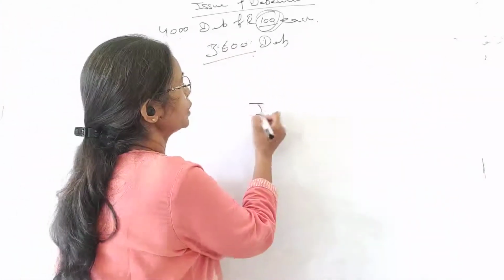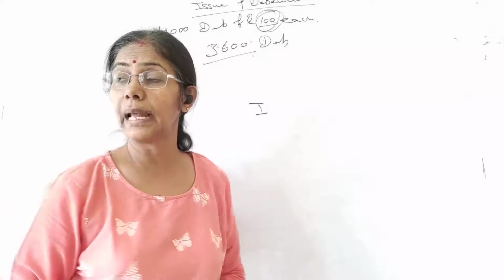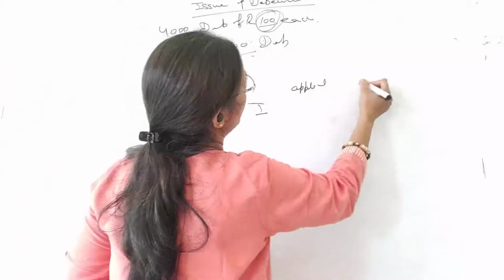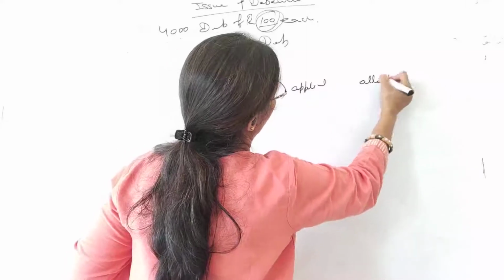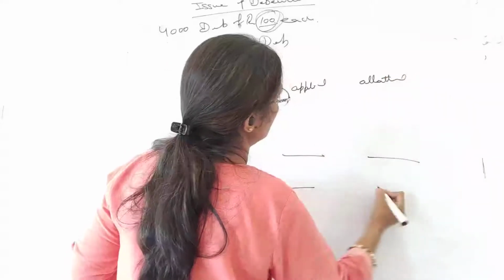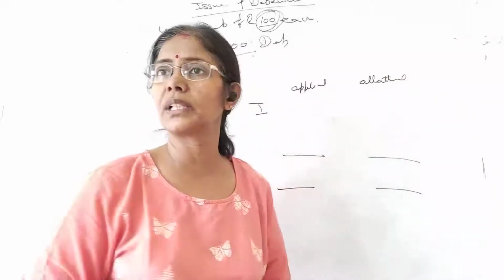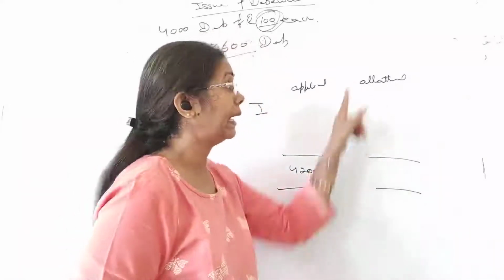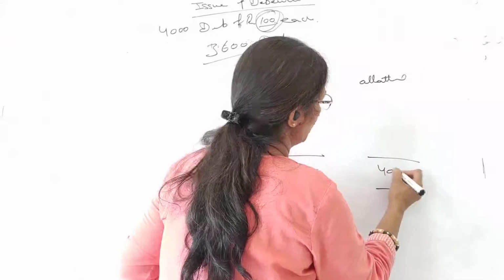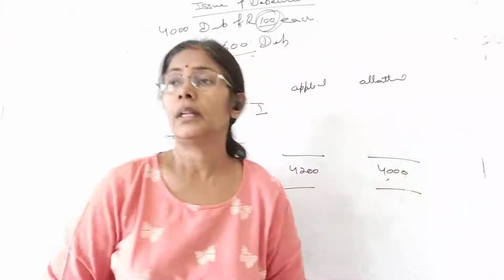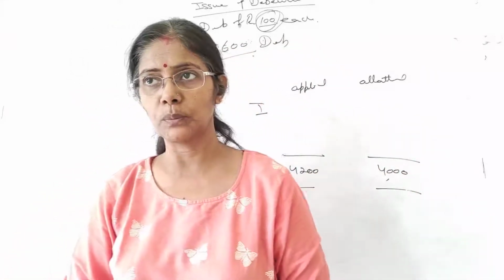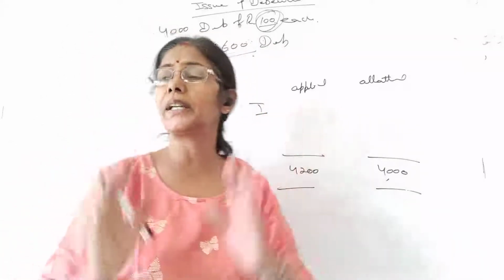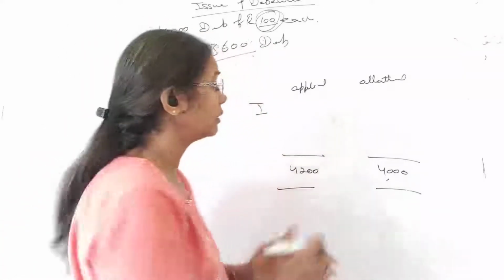The first condition, rejection, applied and allotted. You have to prepare the table, applied and allotted. Suppose the number of debentures applied by the public is 4,200 and you have to allot the number of debentures which you wanted to issue. That's 4,000. So, the first condition is rejection.